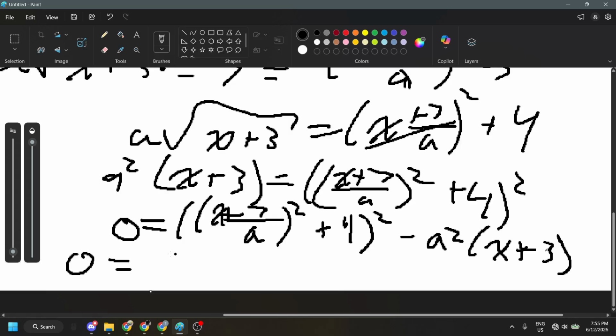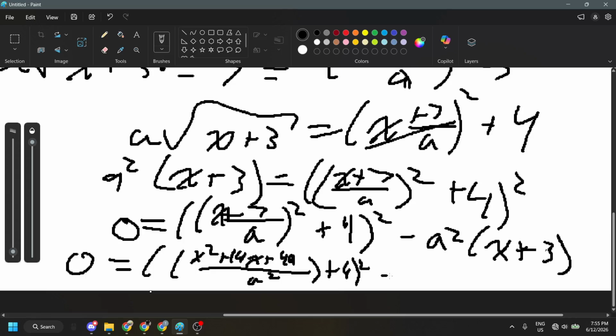Okay, 0 is equal to (x² + 14x + 49)/a² + 4² minus a²x minus a²·3.